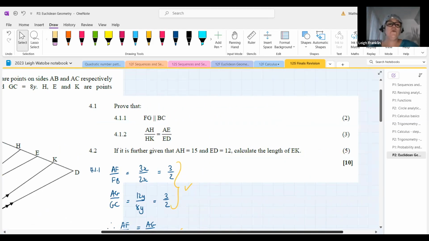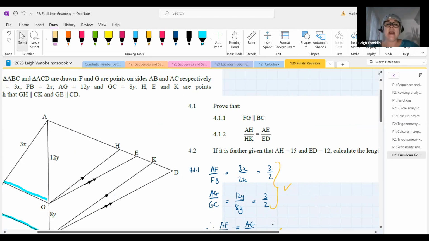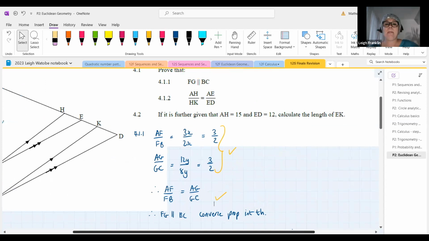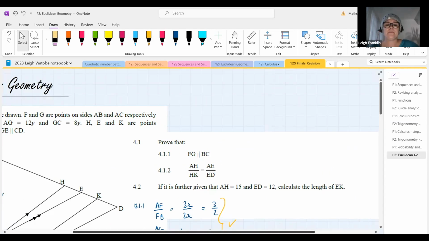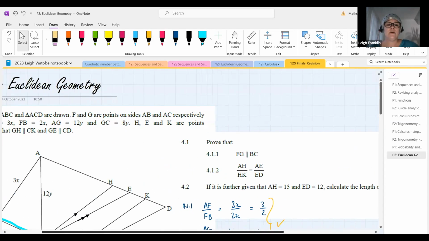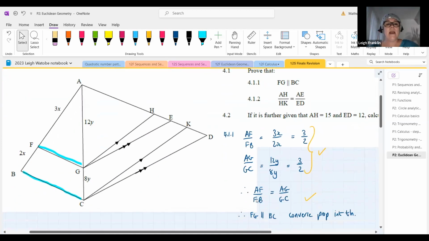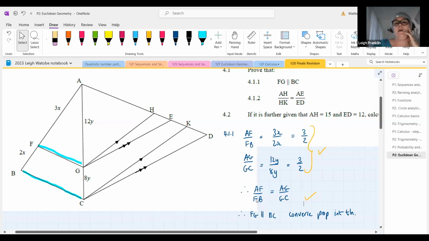Now, in the second question, they want us to prove that AH over HK equals AE over ED. So let's keep that on the screen. AH over HK is equal to AE over ED.